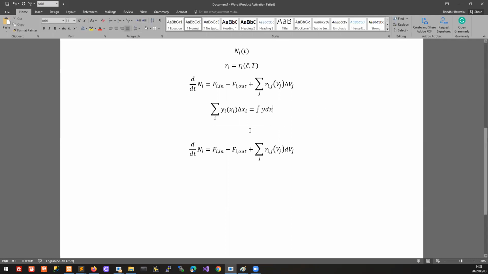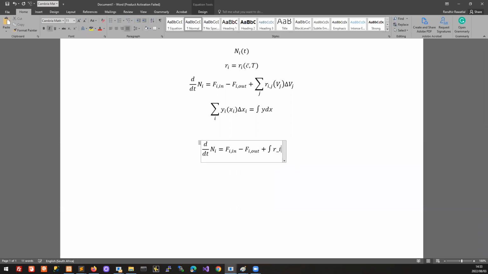So that's the Riemann integral. So we can rewrite this then as the integral of r_i dV.